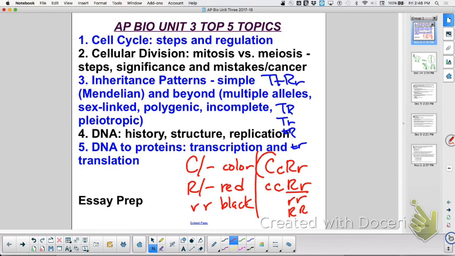You have to have a big C in order to express it. That's giving you the how-to, and this is just saying in which way you will express that, red or black. Okay, so the C is the epistatic gene. It stands upon the other gene. Okay. All right, what else on that one?